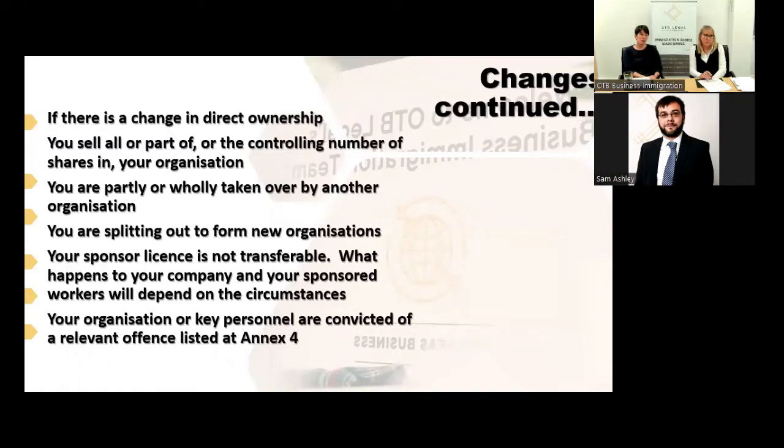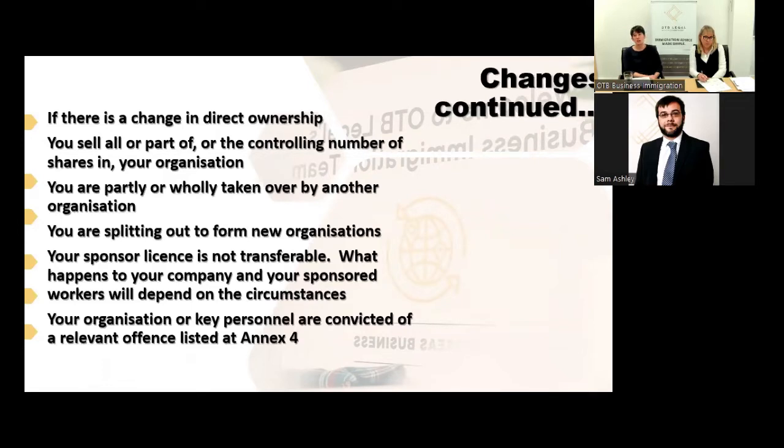It also includes if you're selling all or part of a controlling number of the shares in an organisation. If you're partly or wholly taken over by another organisation, or if you're doing the opposite, demerging and splitting out to form two or more new organisations, all of these things will have to be reported.